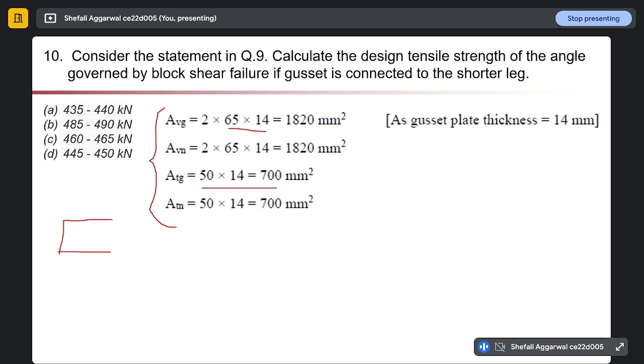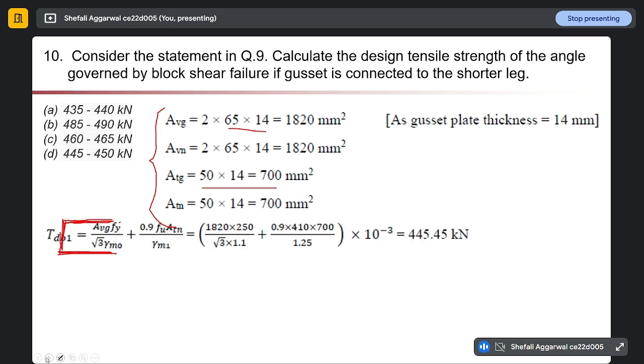Our gusset plate is connected in this way, so in this direction it will be 65 into 40 into 2 times, because of 2 directions. We will sum them. Then in the same way Avn. Since there is no bolt connection, our Avg and Avn will be the same, and our Atg and Atn will be the same. So Atg will be 50 into 40, and Atn will be 50 into 40. So all 4 areas we have.